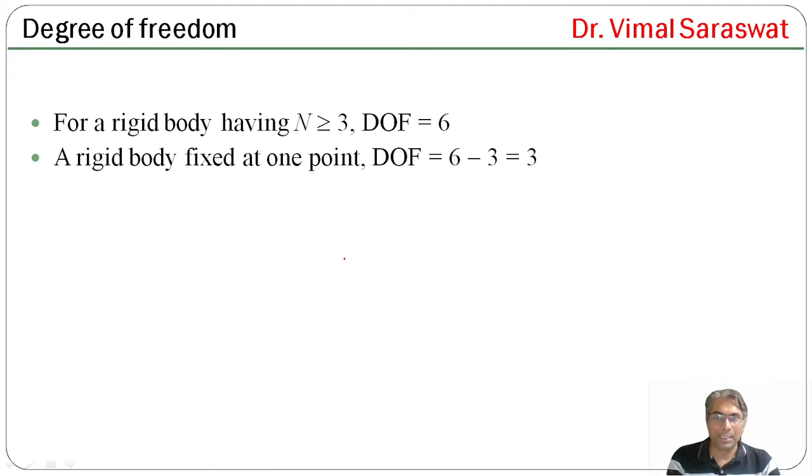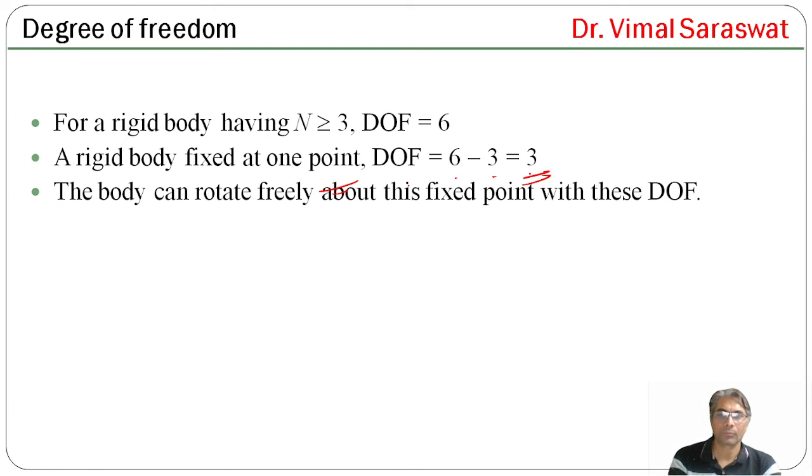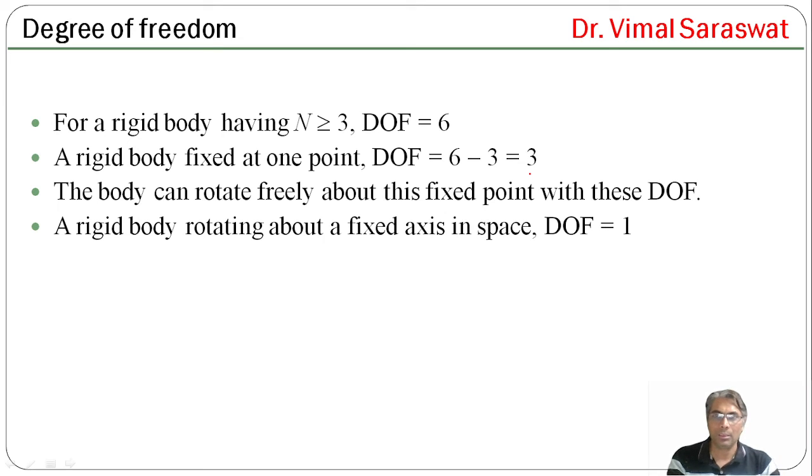A rigid body fixed at one point has degree of freedom 6 minus 3, that is 3. The body can rotate freely about this fixed point with these degrees of freedom. A rigid body rotating about a fixed axis in space has degree of freedom only 1.